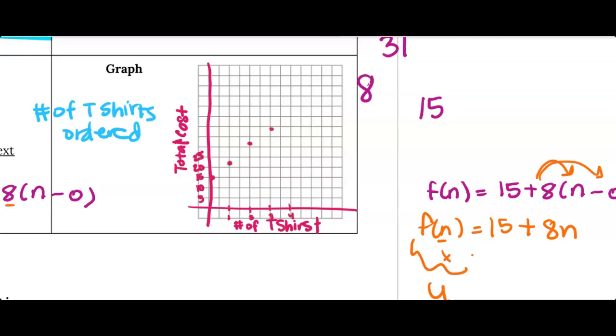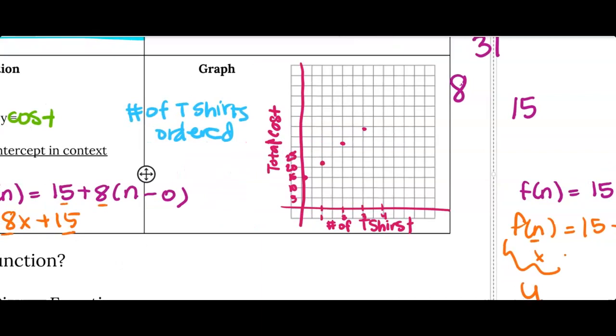Again, to fit it on the graph, I counted by 5s, so each box on the y-axis goes up by 5s, and I skipped every other box on my x-axis just to blow this up. For this example, you wouldn't order half of a t-shirt, right? You would only choose to order full t-shirts. So we wouldn't want to connect these points because it doesn't make sense to buy 1.5 t-shirts. You would only buy whole t-shirts.